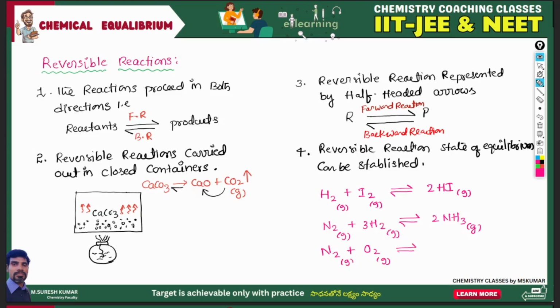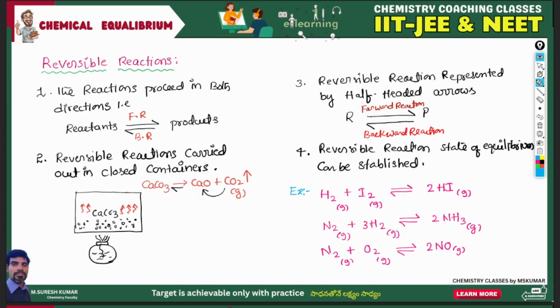They combine to form 2NO, nitric oxide. It is also an example of a reversible reaction. Clear? So these are all examples of reversible reactions.